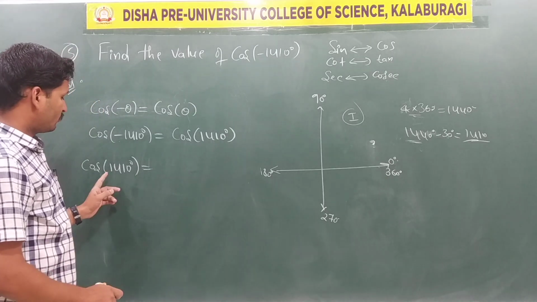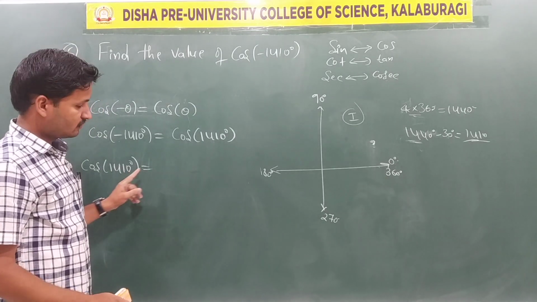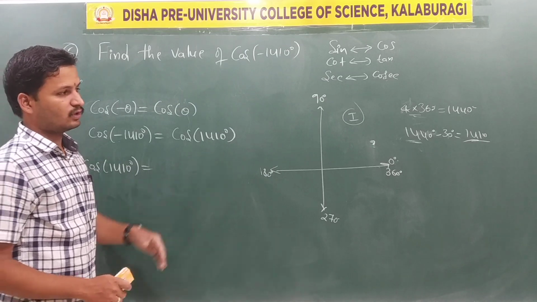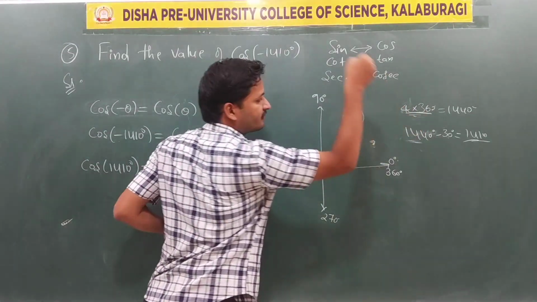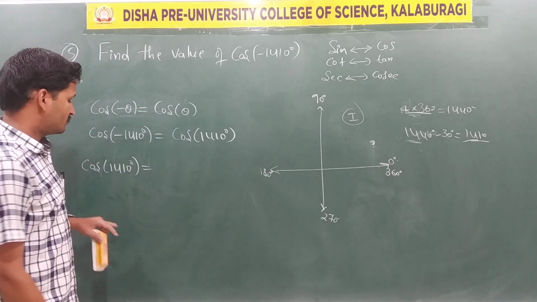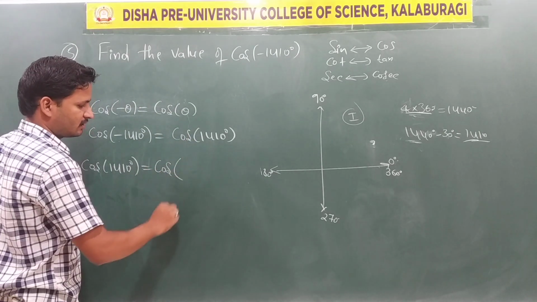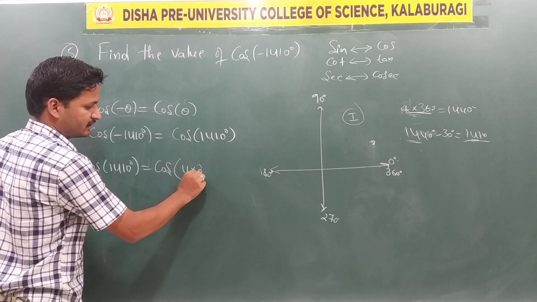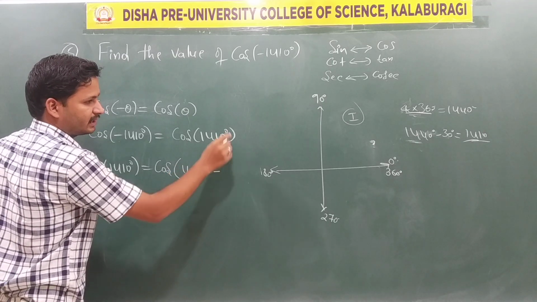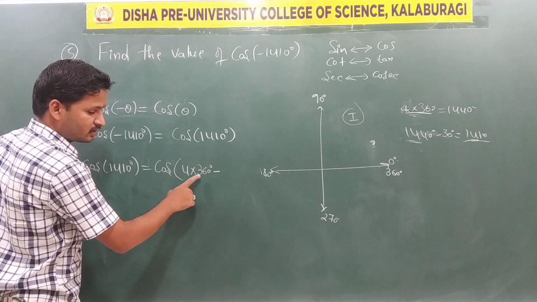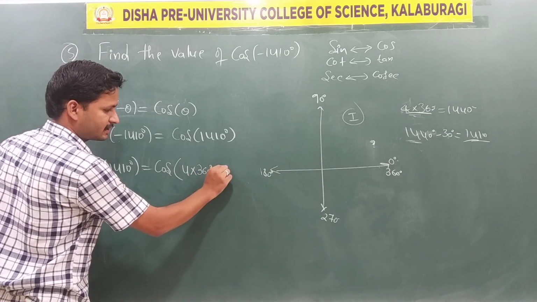So 1410 can be written as 1440 minus 30 degree. Again 1440 can be expressed as 4 times of 360. So cos of 1410 degree can be written as cos of 4 times 360 degree minus 30 degree.